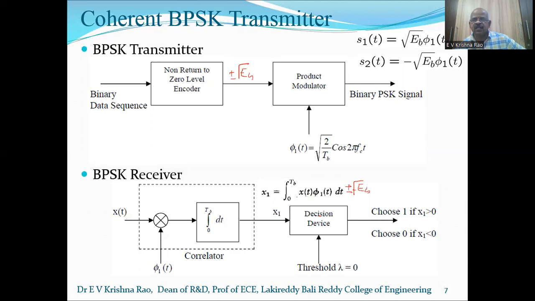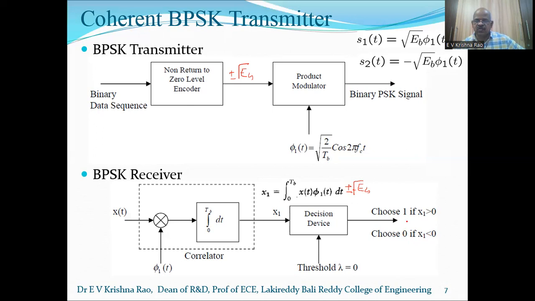As per the threshold boundary of 0, if it is lying above 0, that is x1 greater than 0, which is S1, and binary 1. If the received signal vector is less than 0, that means negative, we choose binary 0 accordingly, assuming x1 is less than 0.